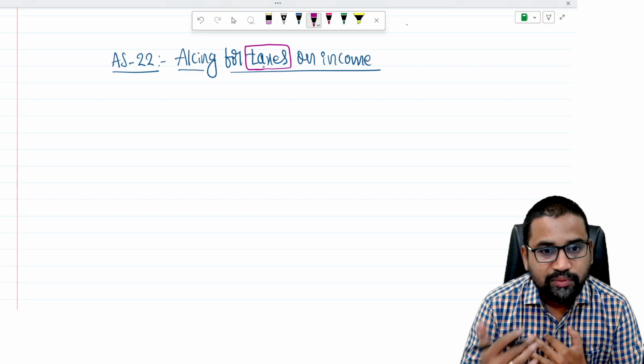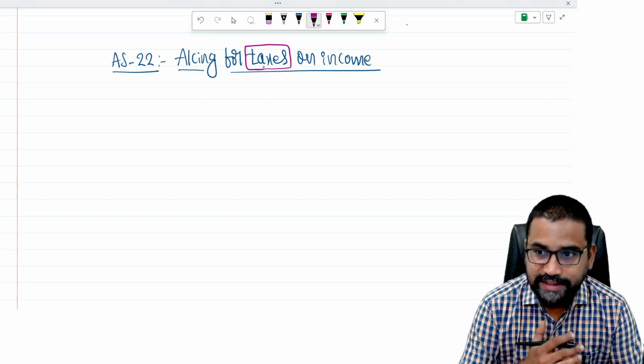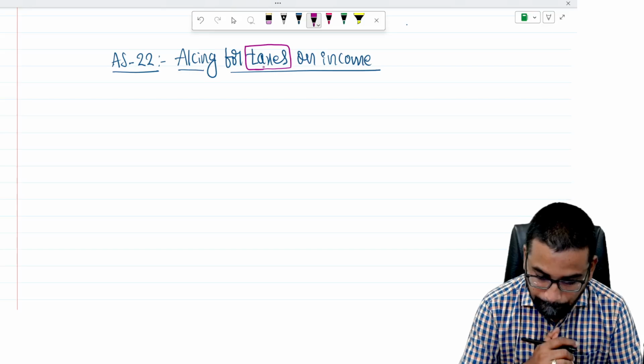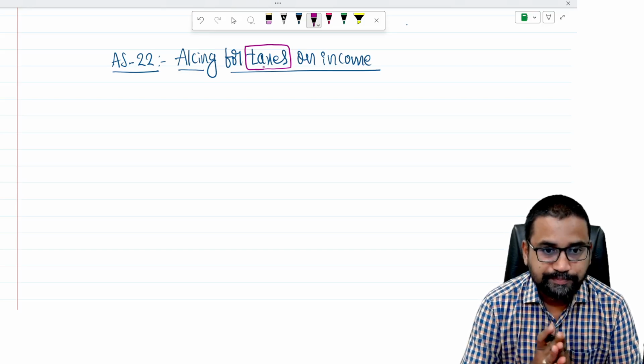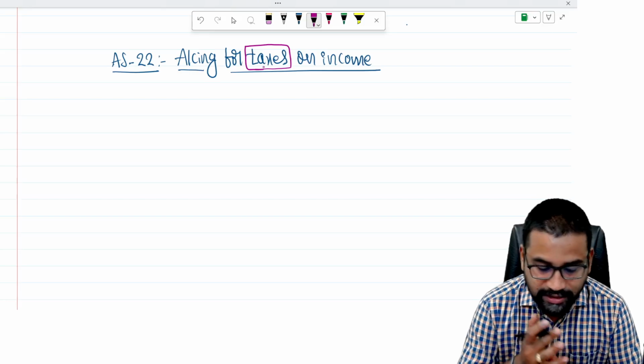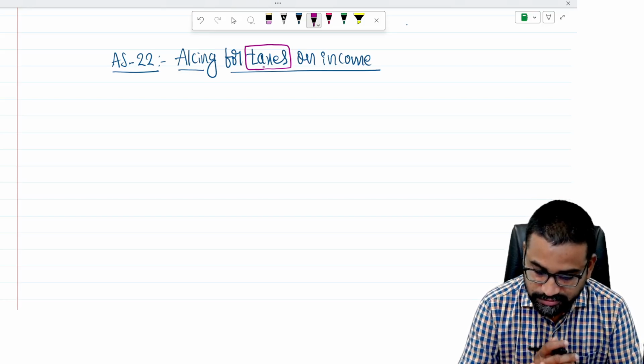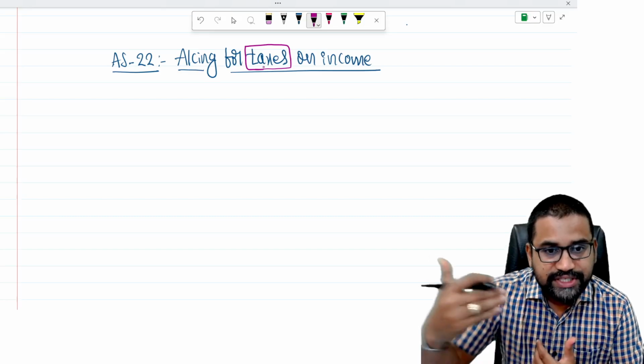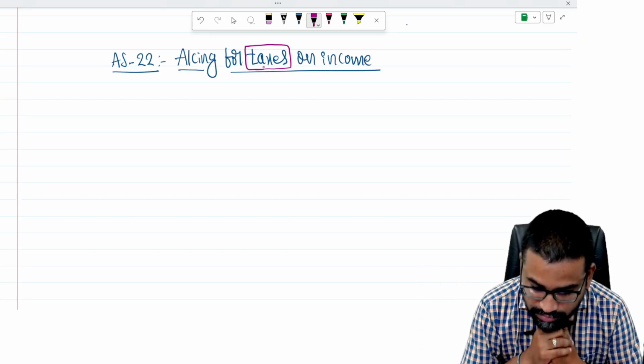So generally on income, which tax will be levied? Income tax. We know that income tax is levied on incomes. It's a direct tax which is directly levied on income.